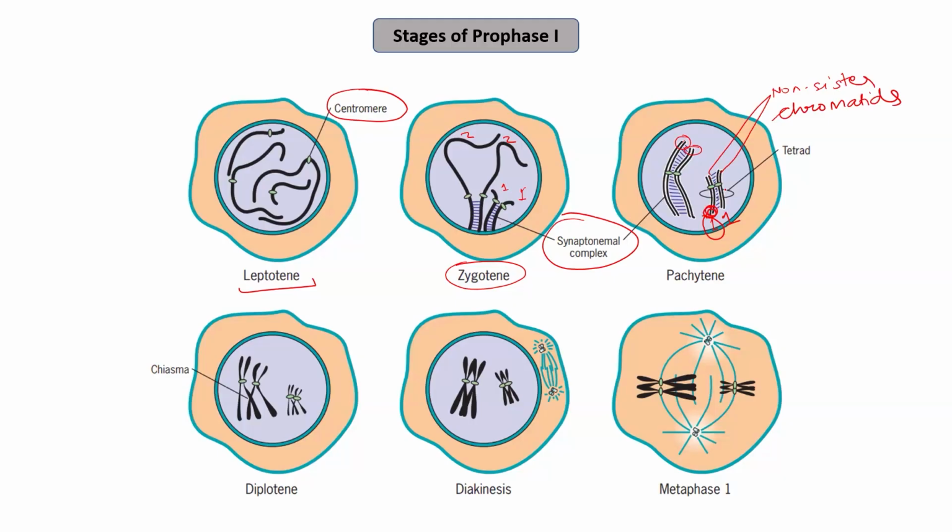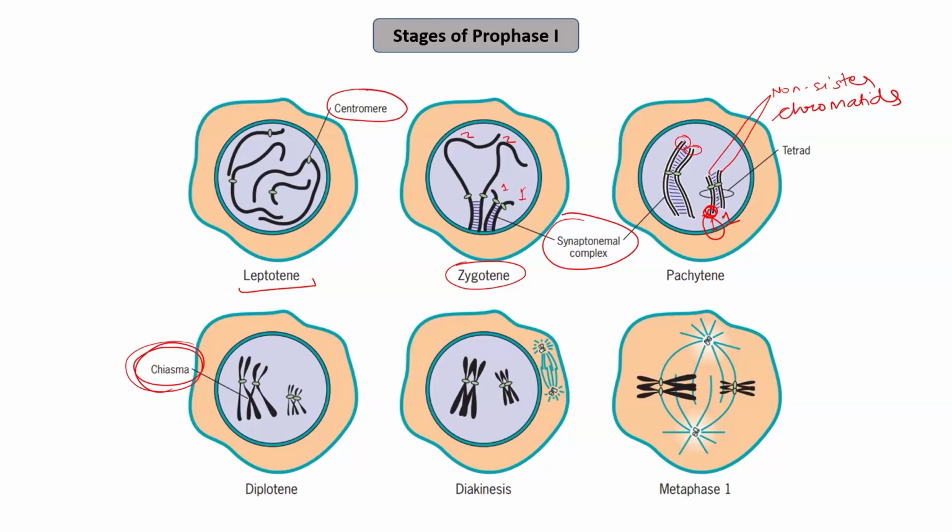So in the next stage, which is the diplotene stage, the chiasmata, which is the cross-like structure or X-shaped structure, forms. So this chiasmata is formed in the diplotene stage. During this, recombination happens. So recombination happens by the process of chiasmata formation.